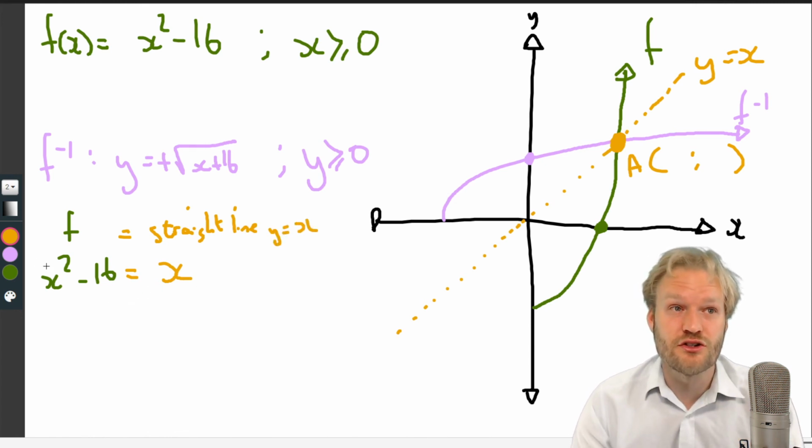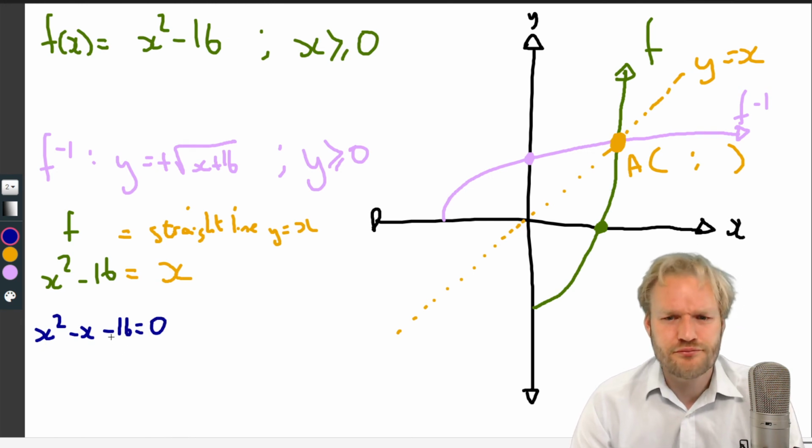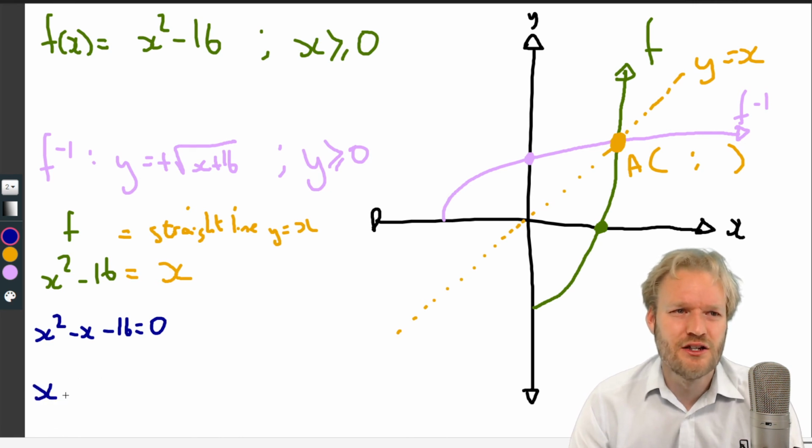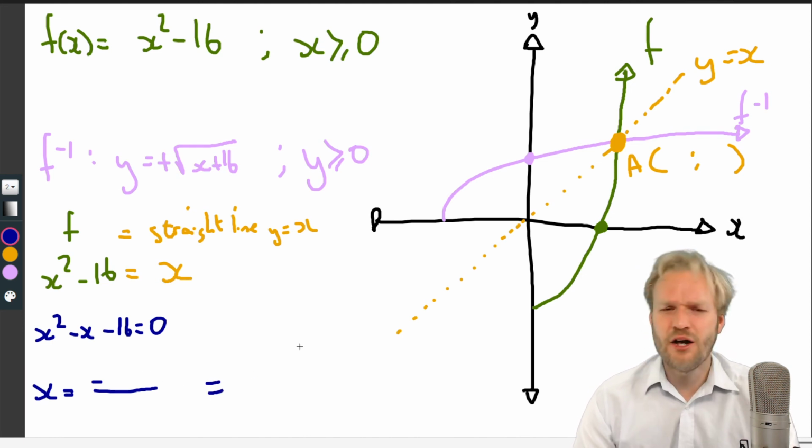Much easier equation to solve. So now we can go, okay, x squared minus x minus 16 equals 0. Okay, we try and factorize. It doesn't factorize nicely, so we put it into our quadratic formula. Minus b plus or minus the square root, blah, blah, blah. And we get our two answers.